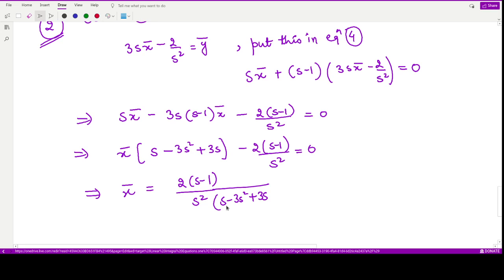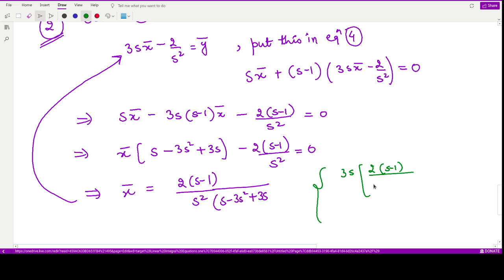So next task is to calculate what is the value of y bar. So for the value of y bar, we'll substitute this value back into this particular equation. So that means you will have the value as 3s and the value of x bar, that is (2s minus 1) divided by s square, (s minus 3s square plus 3s).